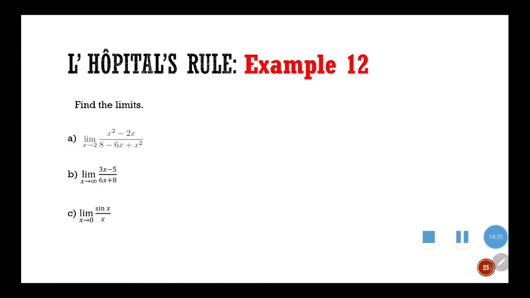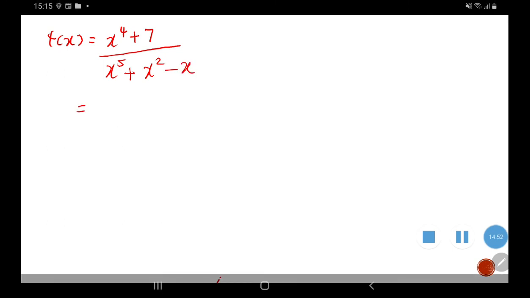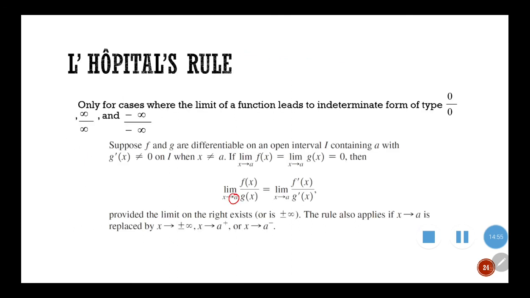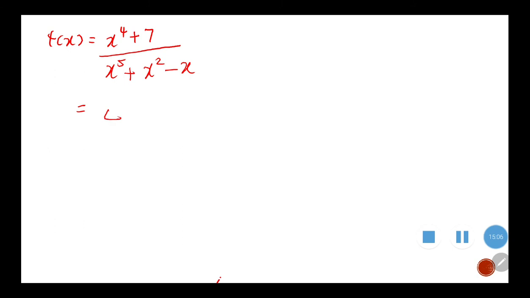So example 1 here. Okay, differentiate. Let's look at the rules again. Differentiate both the upper and bottom level. Okay, so this you get 4x.